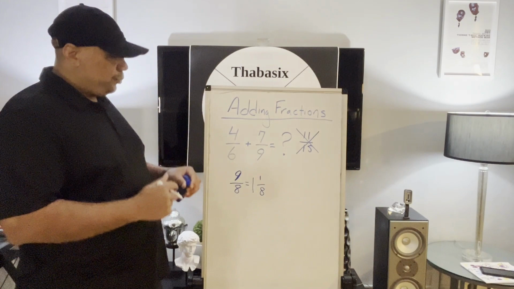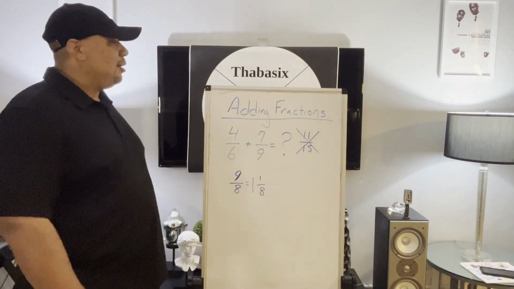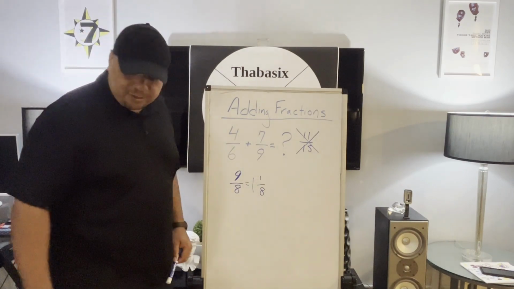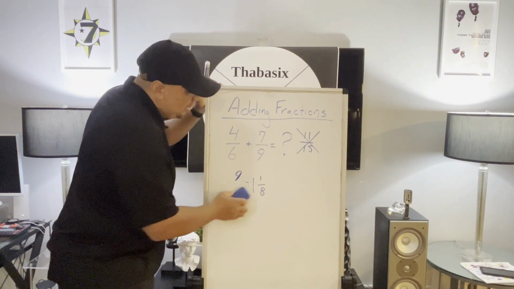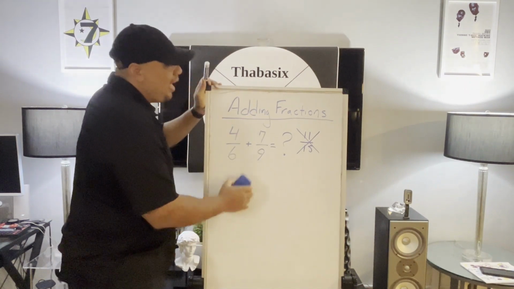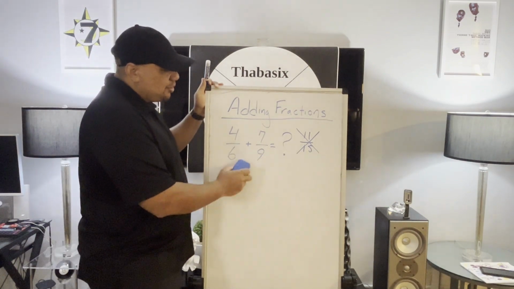All right, so let's get into the answer for last week. For those who did try it, I appreciate it. Let's talk about what the answer is. So the first thing we have to do in order to add or subtract fractions is make sure the denominators are the same.